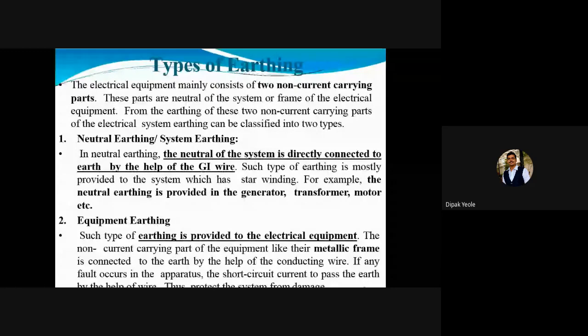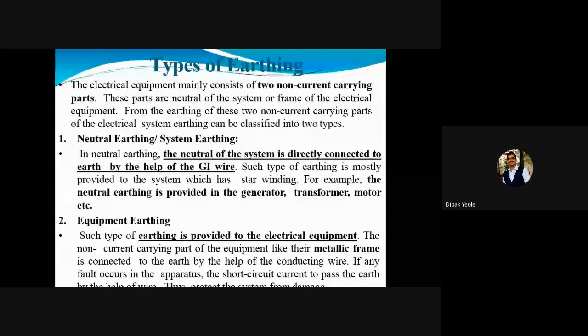If any fault occurs in the apparatus, so you can say that can be a failure of insulation, the short circuit current passes to the earth by the help of wire, thus protecting the system from damage. So these are called the two types of earthing: system earthing and equipment earthing.